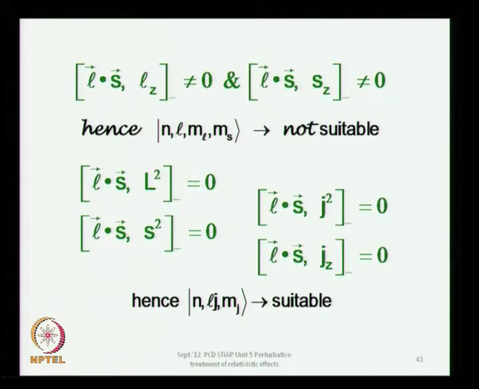So, although this is simple, it is important to go through all of these steps, because that is what drives home the technique, which then becomes useful in many other situations where the challenge may be much higher than the simple treatment of the S dot L term.